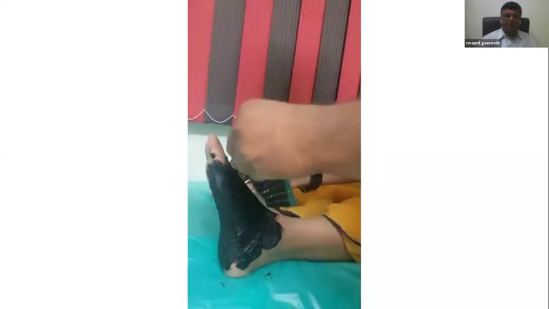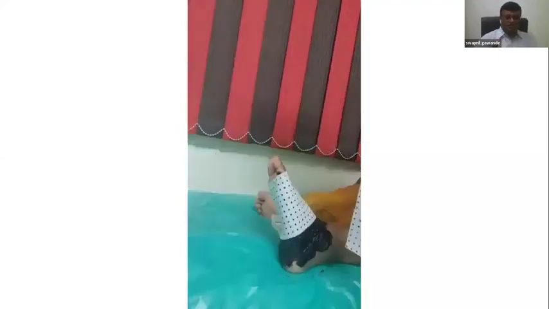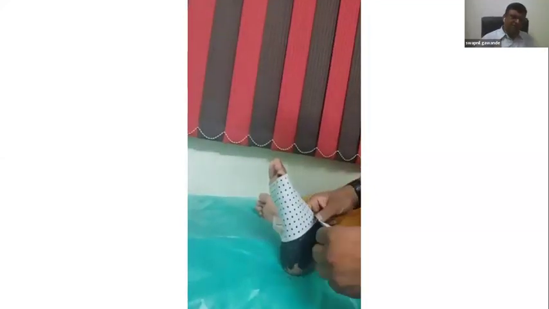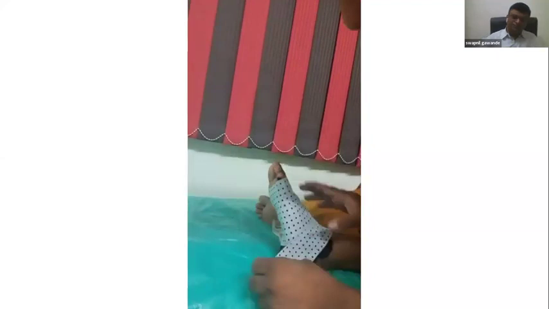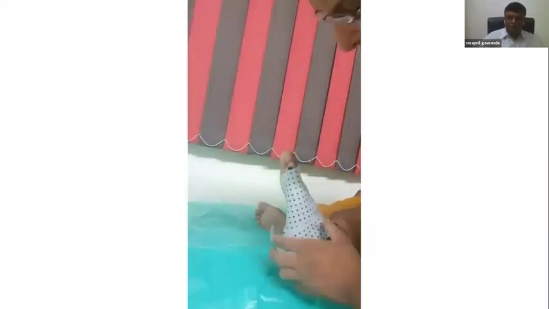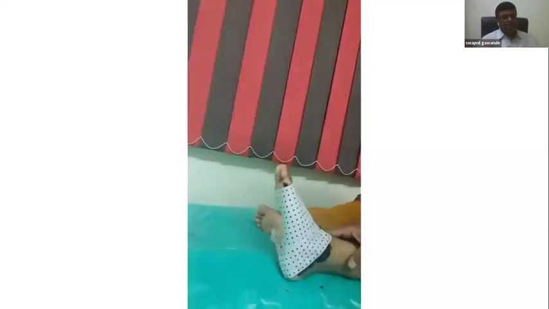Now I am using this belladonna plaster. Why this belladonna plaster? Because the belladonna plaster itself has an anti-edematous property against swelling, and it will also keep the air flow so that the patient will not have irritation.